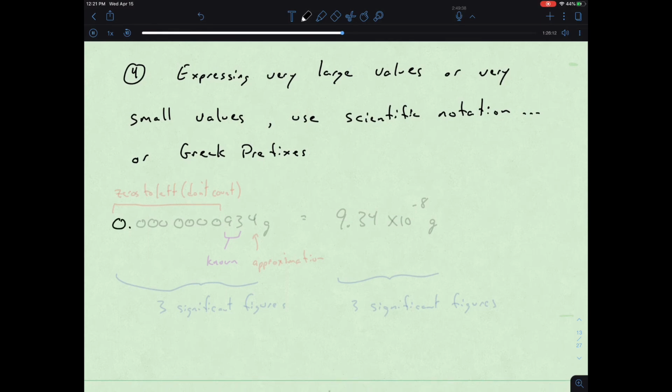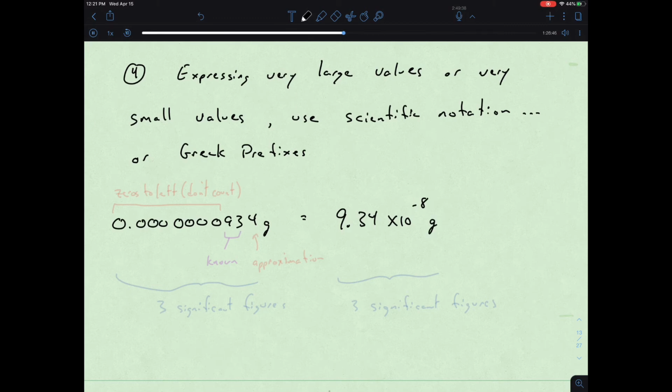So if you have 0.00000000934, that's the same as 9.34 times 10 to the negative 8th grams.